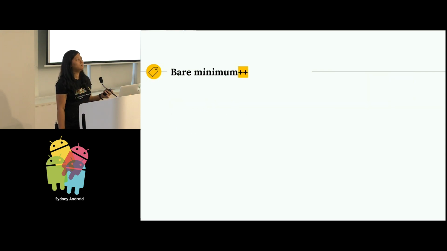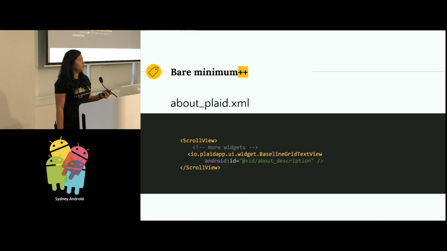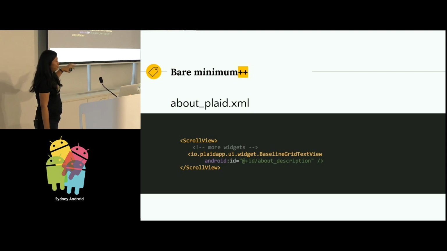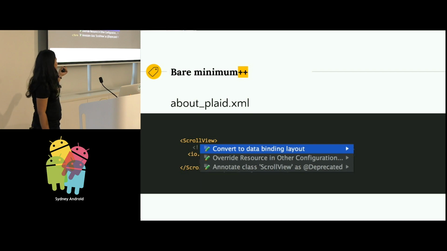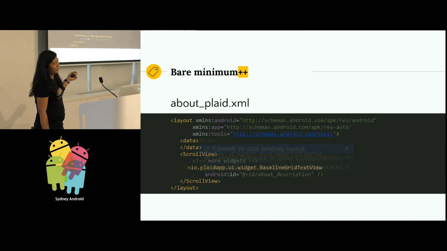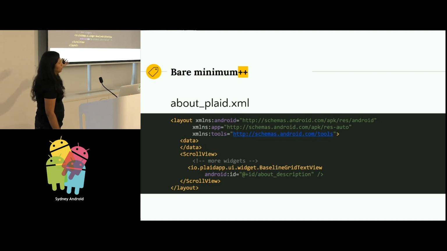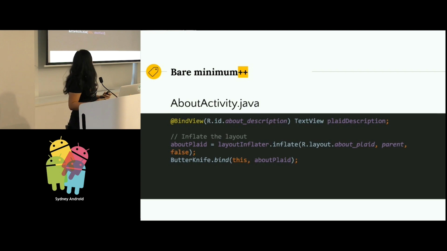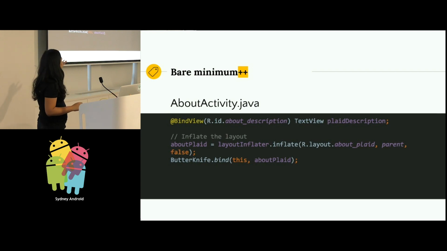So how do we begin? You can right-click on the root tag of your layout file, in this case, ScrollView. Then you can press Alt-Enter and choose Convert to Data Binding. And that's it. Android Studio will convert it for you and put in all the required tags. Now, to use this newly converted file, this is the existing implementation in Plaid which uses Butter Knife.